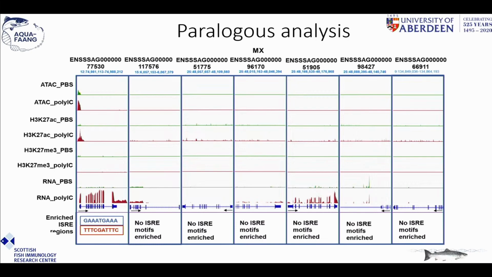We have 2 that were differentially expressed at RNA level, but this one didn't have any ATAC or ChIP peak, and of course didn't have any ISRE region enriched either. Only this one had ATAC and ChIP active mark peaks, along with 2 ISRE regions. I've done this again for lots of antiviral genes. I'm just showing one here.